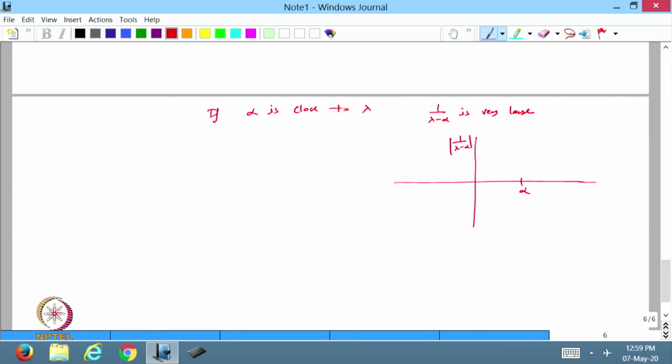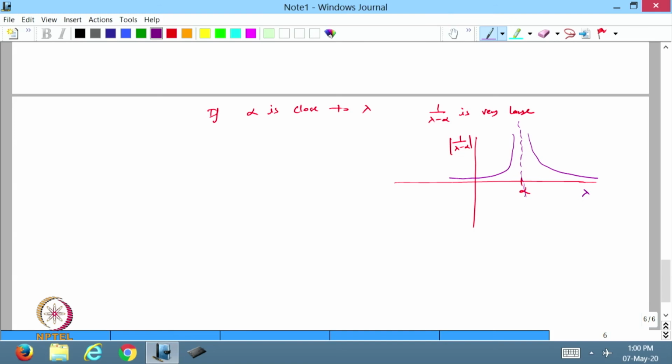Now, if you see, the value is going to be like this, because at alpha this is going to be infinity, otherwise the value is this one. So, this is the value of lambdas or 1 over these values.